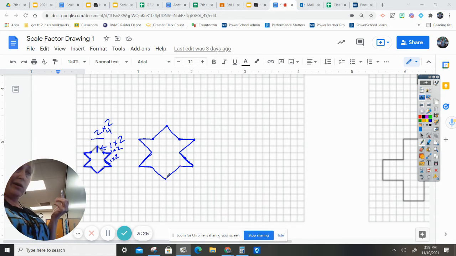So there we go. That is how you do these 2 shapes. That is how you use the scale factor to get larger. If you need to pause to make it work better, please do so.